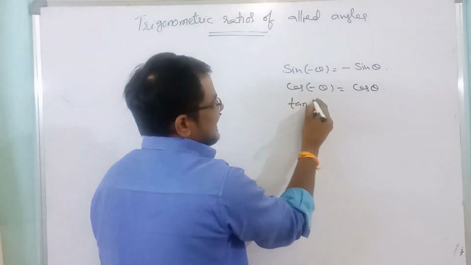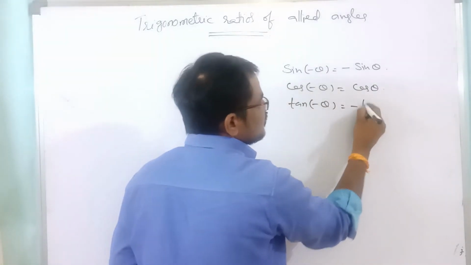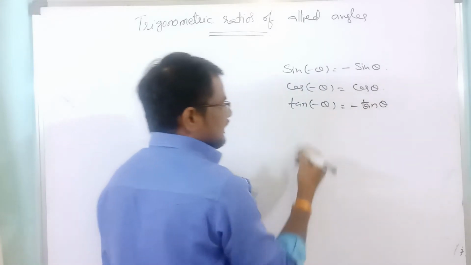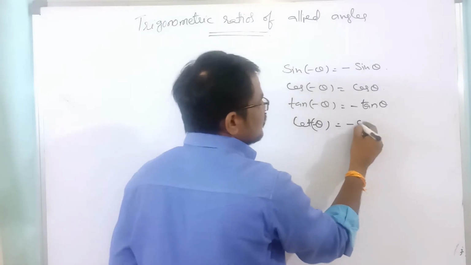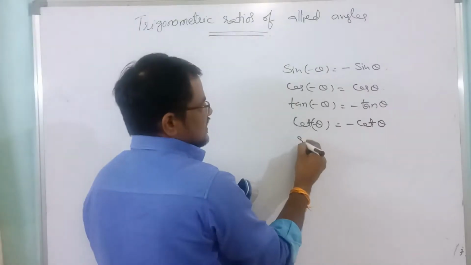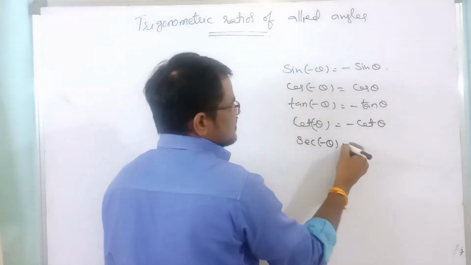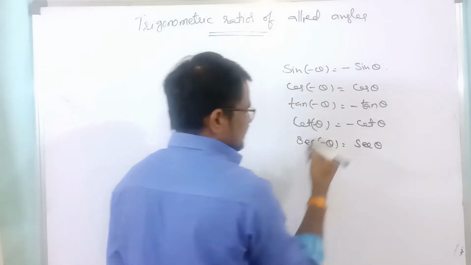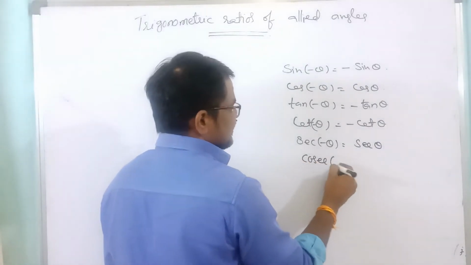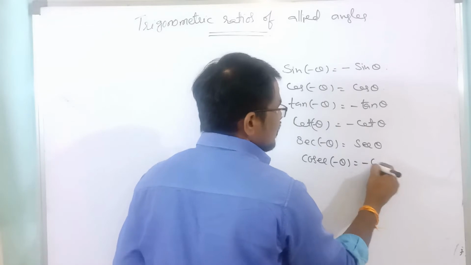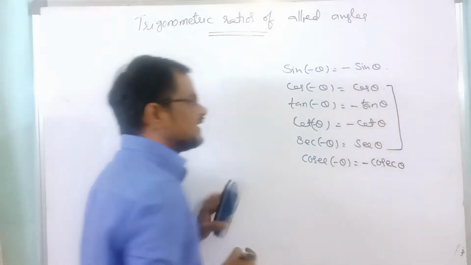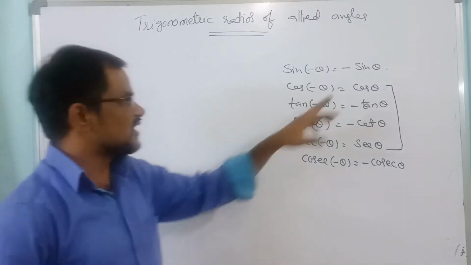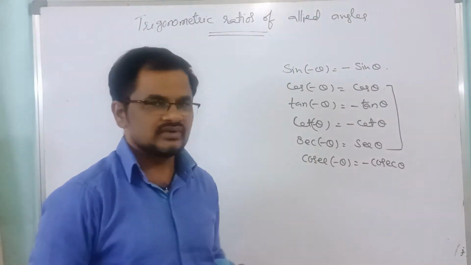Next, tan of minus theta equal to minus tan theta. Next, cot of minus theta equal to minus cot theta. Next, secant of minus theta equal to secant theta. Next, cosecant of minus theta equal to minus cosecant theta. For the cos and secant, positive only, but for the remaining we get negative.